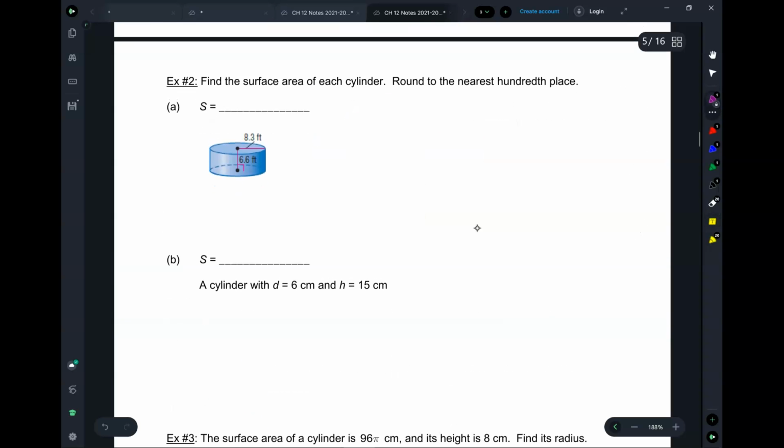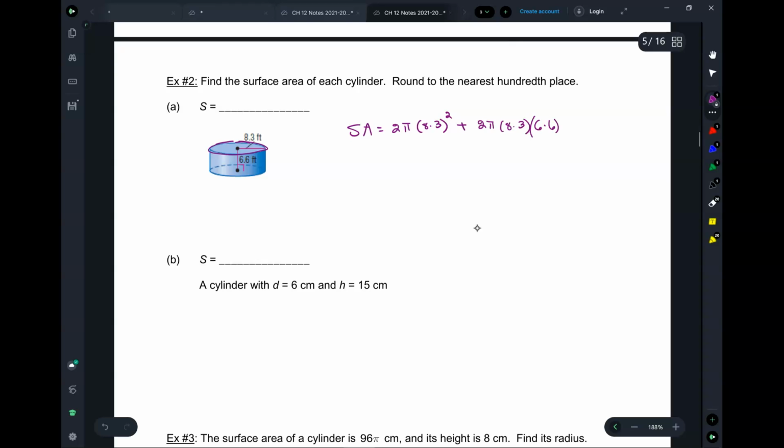Okay, so let's take a look at this. This is a cylinder. Here's a circle. The radius is 8.3. So the base area is pi r squared. So surface area is 2 pi r squared plus 2 pi r h.